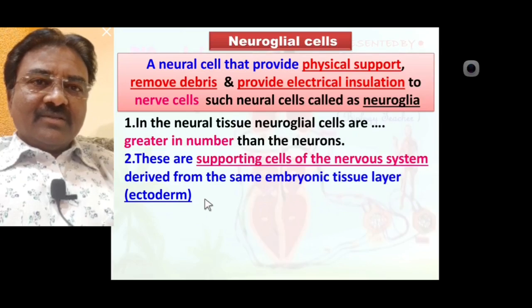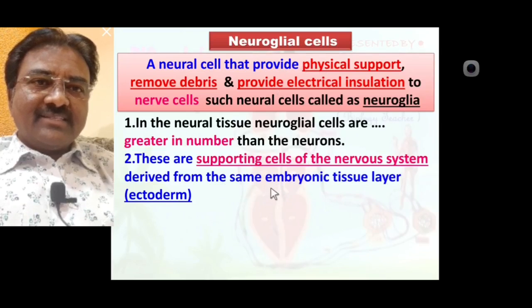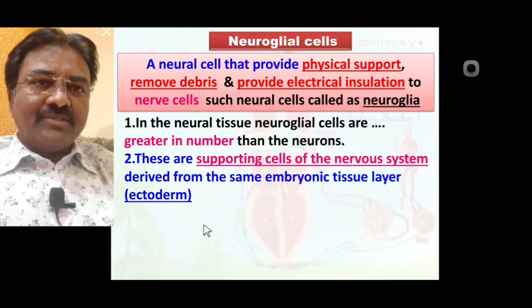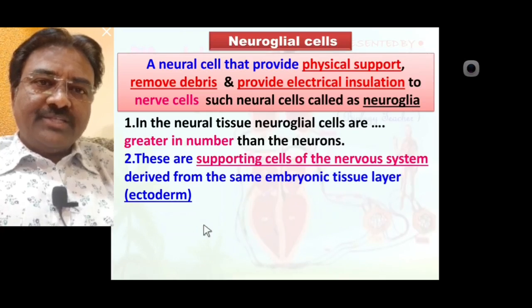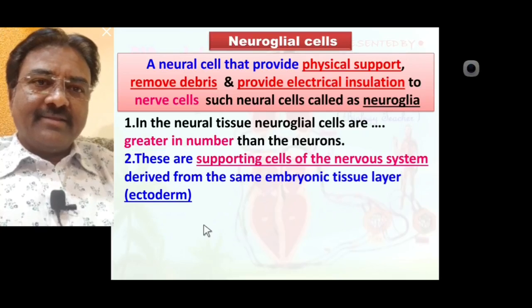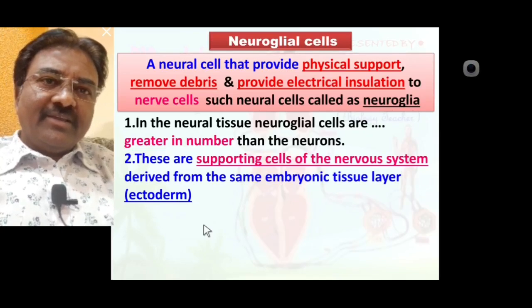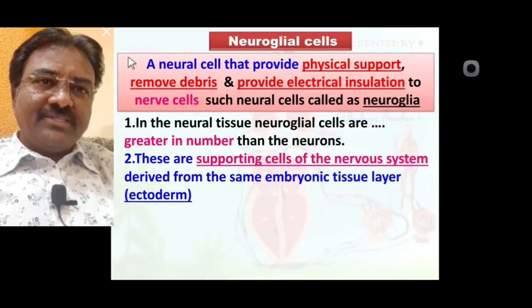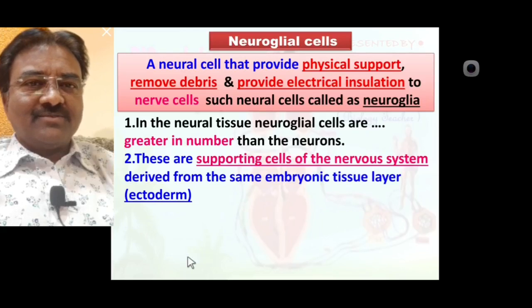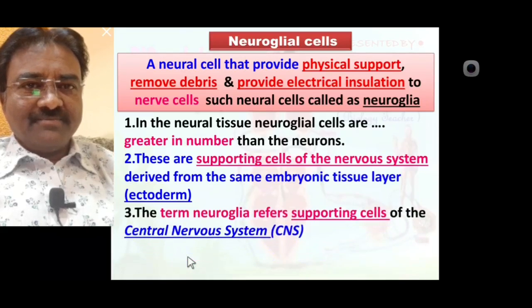So neuroglial cells also originate from ectoderm. Always remember, neuroglial cells as well as neurons both originate from the embryonic ectoderm layer, because actual neural tissue originates from ectoderm, means neuroglial cells also originate from ectoderm.